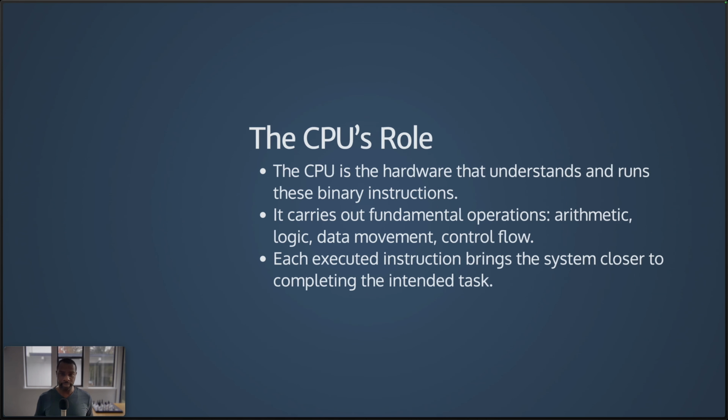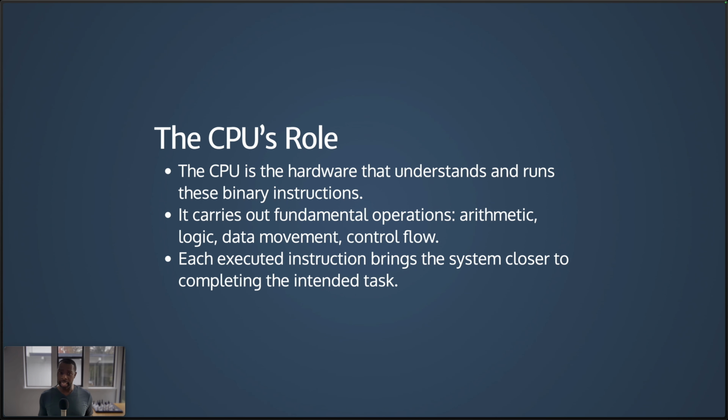The CPU is the hardware that understands and runs these binary instructions. It carries out fundamental operations: arithmetic, logic, data movement, control flow, and each executed instruction brings the system closer to completing the intended task.